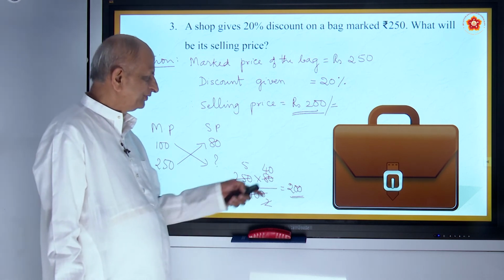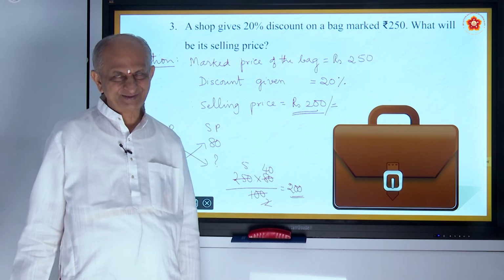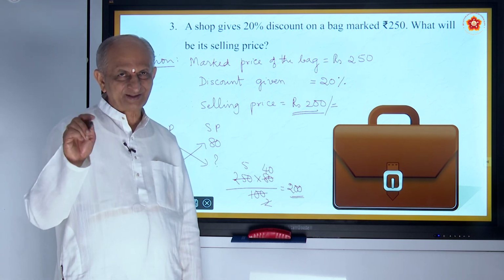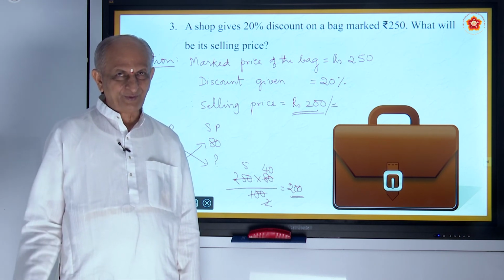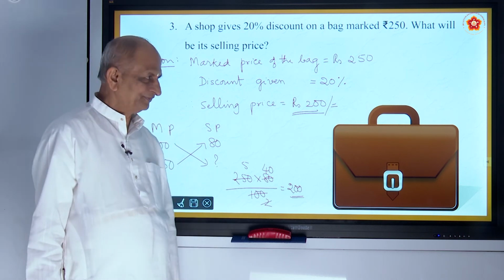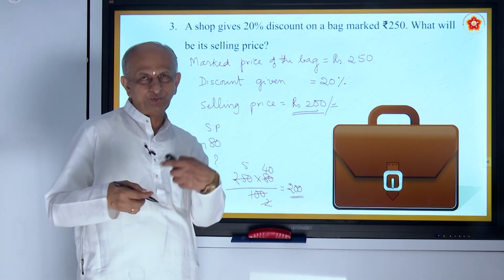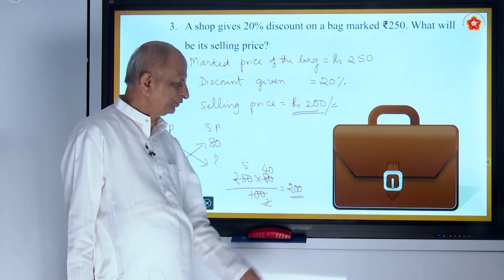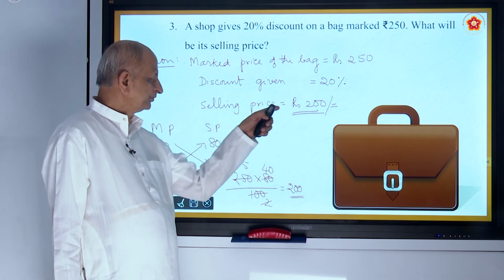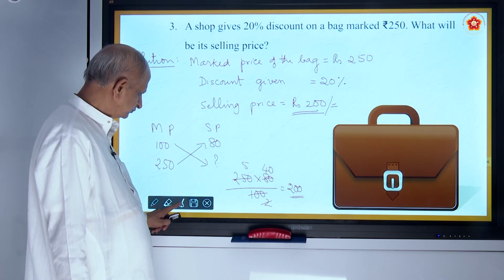Sometimes, it is to dispose of old items, worn out items, outdated items. For example, cars. Some of the cars will be outdated. For example, Ambassador cars are not there in market now. Once upon a time, very, very famous. In Maruti, the van also is reducing because it is a little outdated. People want new and new types. So here is a bag which is new type. So there is a 20% reduction. So the selling price becomes rupees 200. Okay. So noted down.